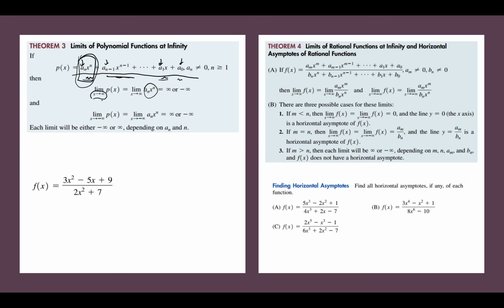So that's why we can say the limit of the whole function is equal to the limit of this term, because it dominates over the other terms. Since it is x to the nth power, it could go to positive infinity or negative infinity, right? Okay, and that's also the same for the negative infinity case.